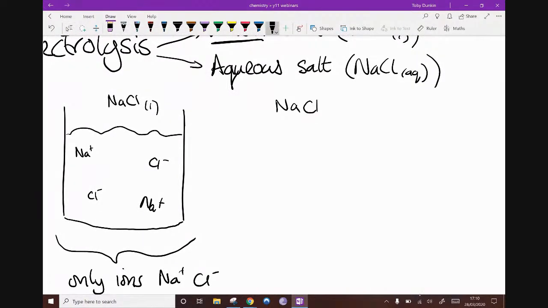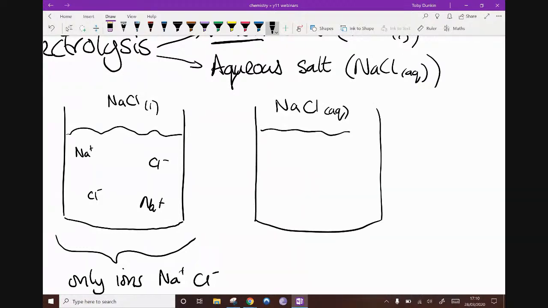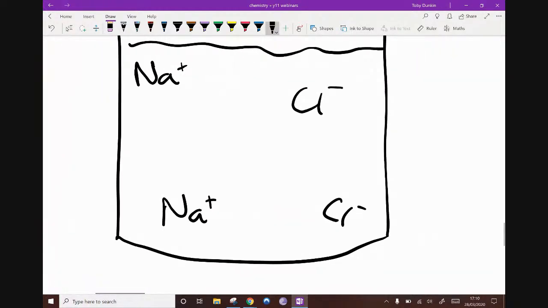The next thing is, what happens if I'm in aqueous? If I've been dissolved in water, I have a slightly different picture. I have the picture of Na+, Cl-, Cl-, I'm just going to put a few more on there, just the same number. But now we also have in this box water, and here's the really important kicker: H+ and OH-.